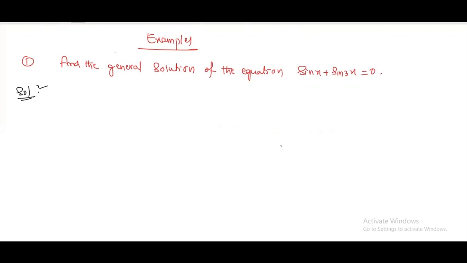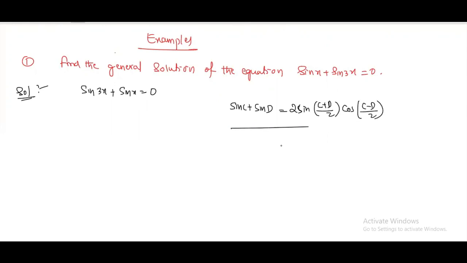So solution for this one is, let's first take sin 3x plus sin x is equal to 0. So we know sin C plus sin D is equal to 2 sin (C plus D) by 2 into cos (C minus D) by 2. So let's use this formula to solve this one.